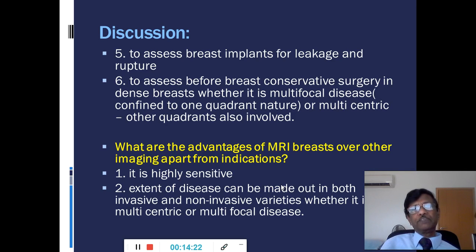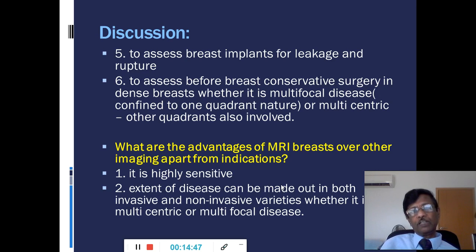To assess breast implants for leakage and rupture. To assess before breast conservative surgery in a dense breast whether it is a multifocal disease, that means it is confined to one quadrant, or a multicentric disease, that means other quadrants are also involved.